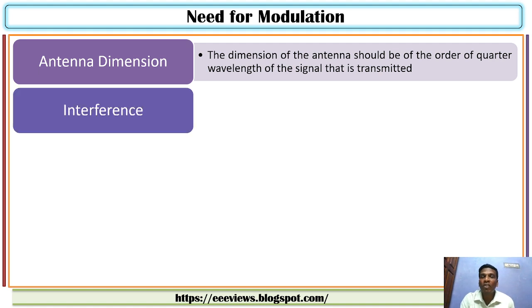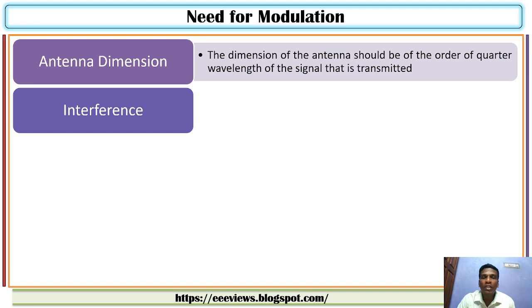The second one is interference. We have already discussed that we are sending the information in a common channel. So there is a chance of mixing with other stations. Different people will send audio signals in the same channel, so there is a chance of mixing in the common channel, which will cause interference.